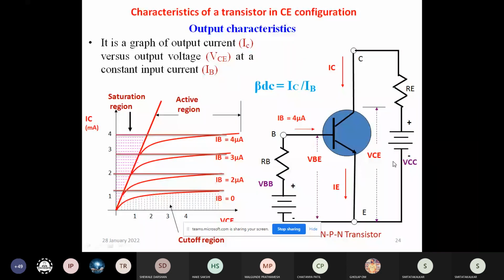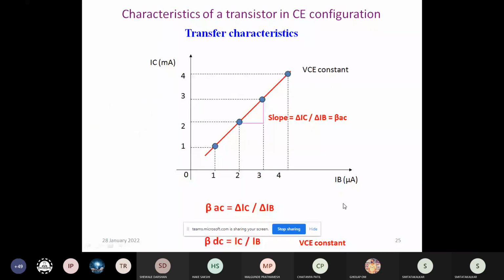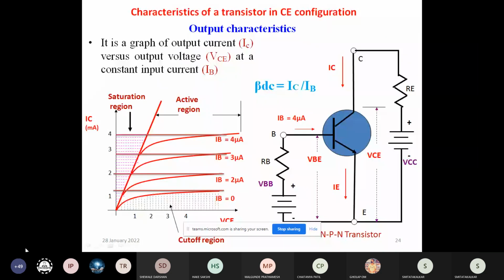The negative supply current flows through the collector terminal. Then the emitter goes to reverse bias: VCE is reverse biased.